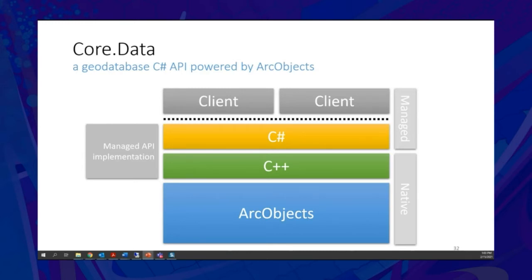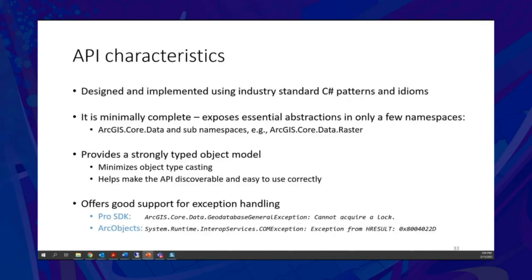So if you look in this little layer cake diagram at the bottom, we have ArcGIS with a set of C++ bindings on top of it that allows the managed API implementation, which is written in a combination of C++ and C#, to expose a managed API such that client applications written in .NET or C# can actually make use of them. Okay, and this has been in Pro for quite a while.